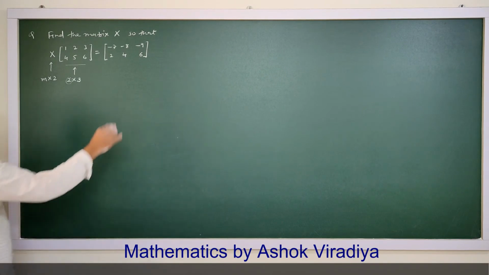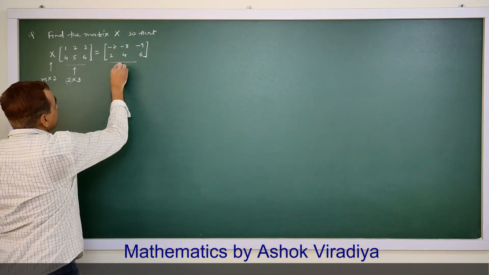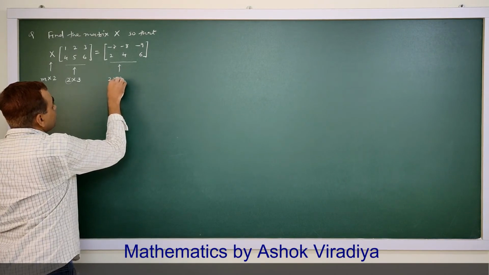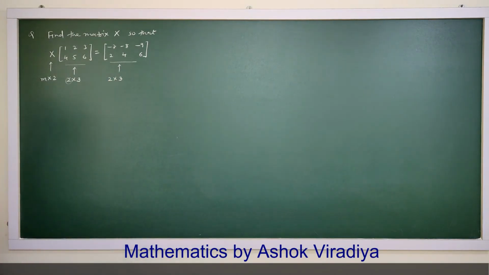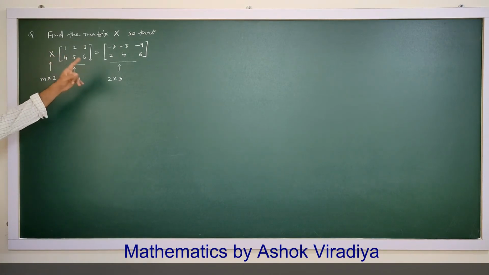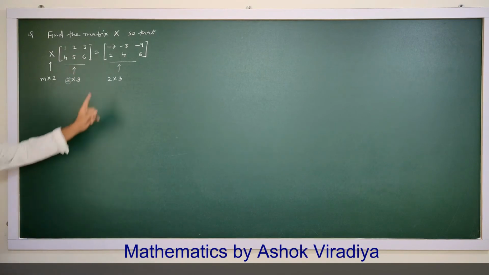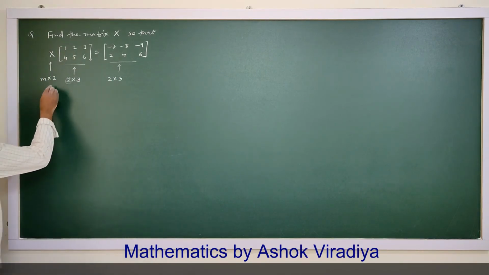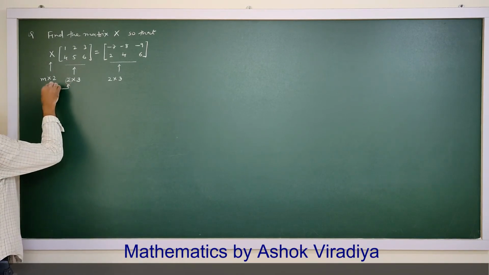Now see, this matrix has 2 rows, 3 columns. Now look, multiplying x with this matrix, this is the result, 2 by 3. This product is defined if these two are equal.